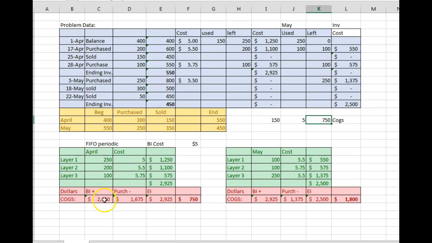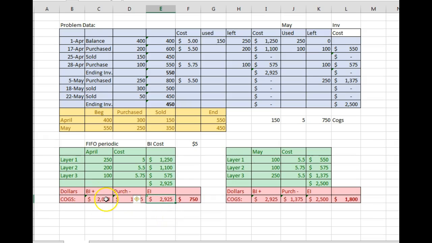We started with $2,000, which was 400 at $5. We purchased $1,675, which is this and this added together. And we had an ending inventory of $2,925.